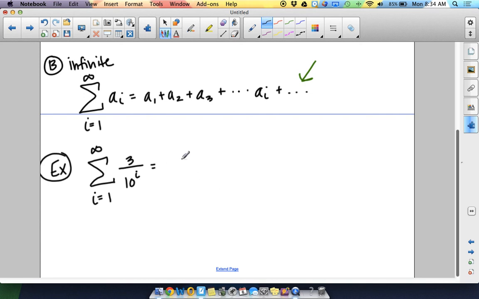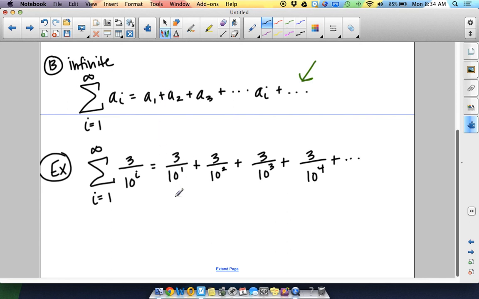You write your first term, which is 3 over 10 to what power? Plus 3 over 10 squared. Plus 3 over 10 to what power? Cubed. What will happen on these problems, you guys, is that there will be a pattern that you will recognize. So you don't have to add forever.